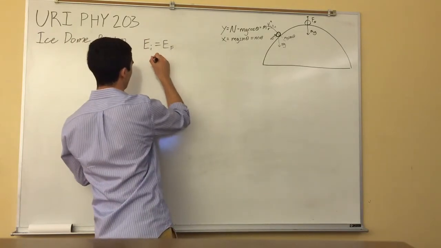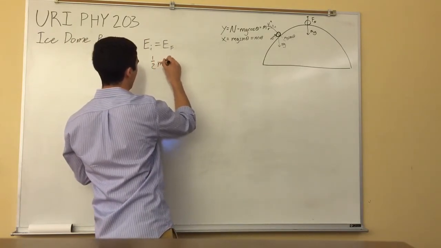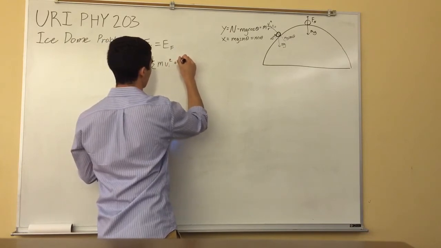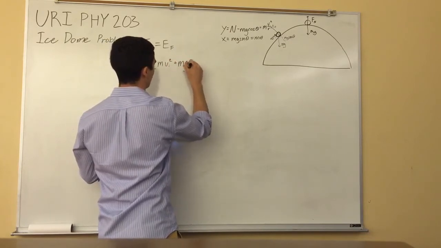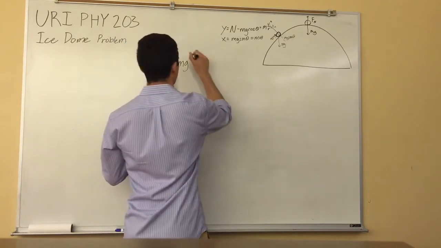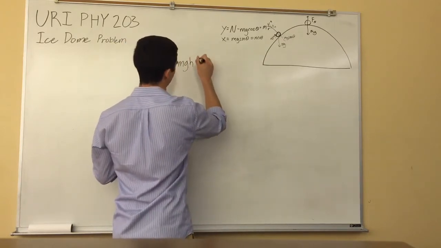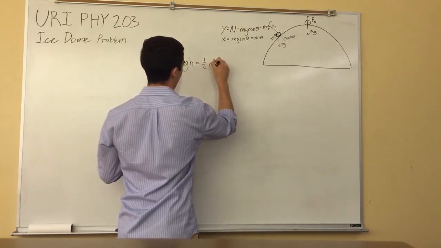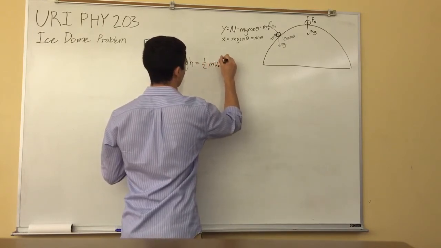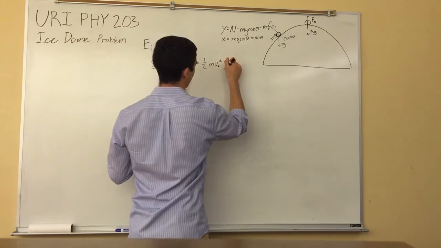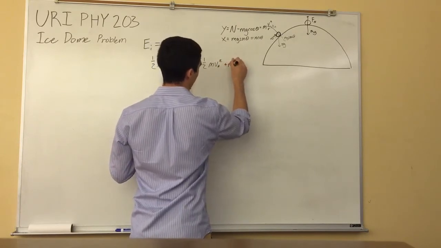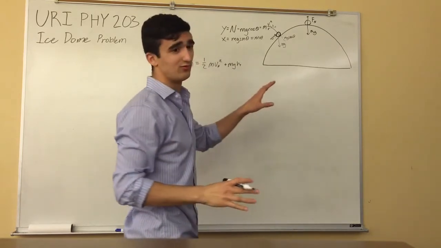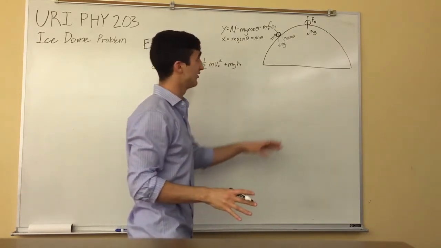So we're going to have 1/2 m v initial squared plus potential mgh, we'll just call it h for now, is equal to 1/2 m v final squared plus mgh final.